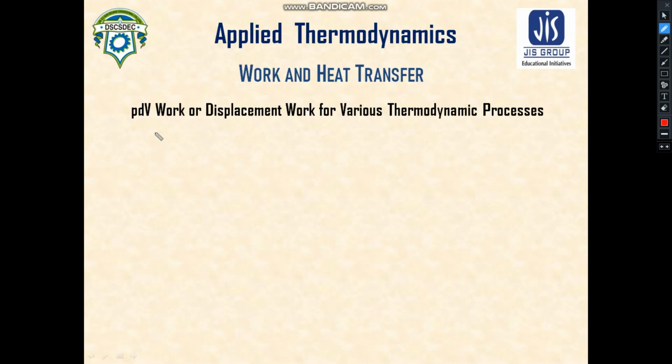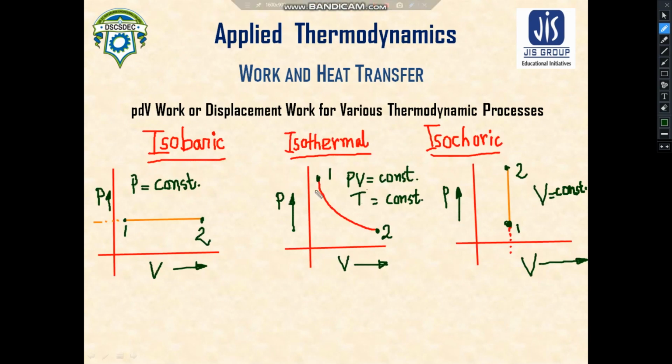let us take the example of isobaric process. As you can see, I have drawn the graphs for three different thermodynamic processes. So this is the isobaric process, which refers to the constant pressure process. This is the isothermal process, which refers to the constant temperature process, a thermodynamic process where the temperature remains constant throughout the system, throughout the process.